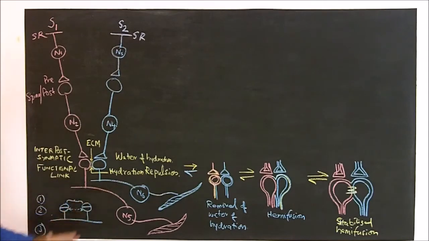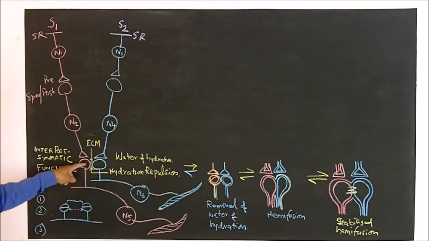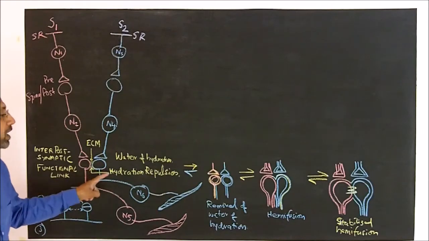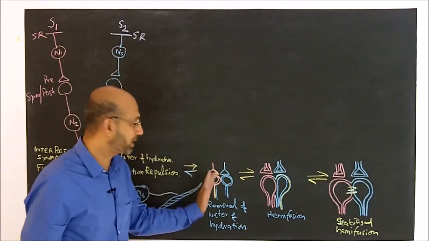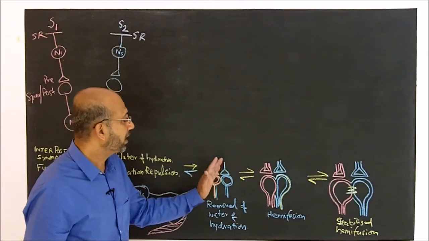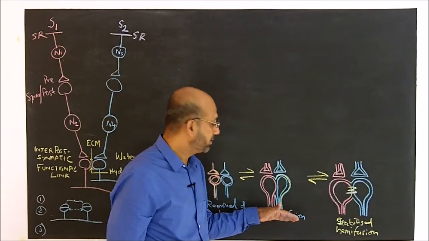The good part of this mechanism is that it can be induced by associative learning. It can be reversed back for different durations of time. It can be reversed back very quickly, explaining working memory, and it can last for a short period of time, explaining short-term memory.